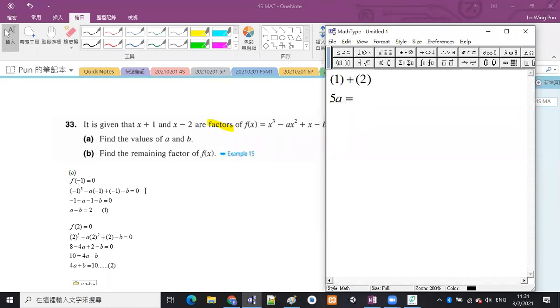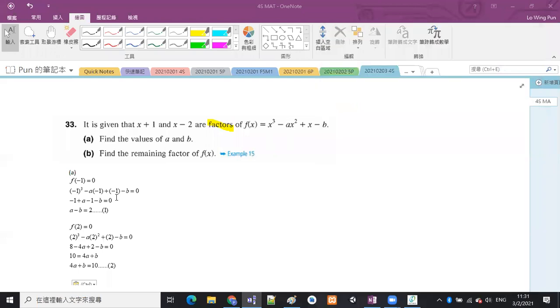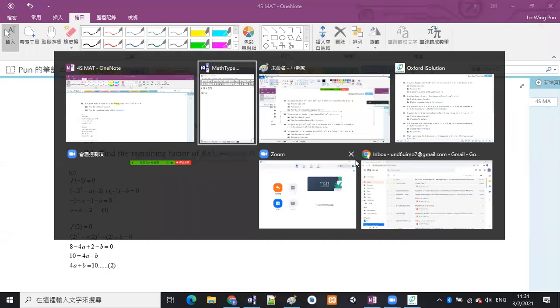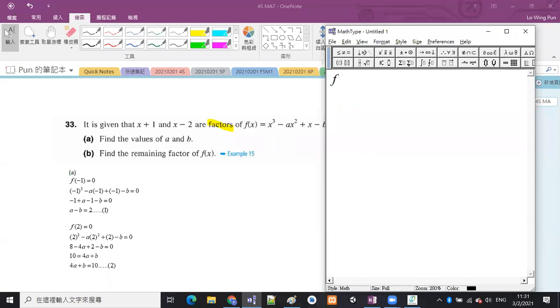Sorry. I have done something wrong. Here, f(-1). So f(-1) is equal to 0. Okay, and then it's -1 power 3 minus a times -1 power 2. I missed out the power 2. And plus -1 minus b is equal to 0. So it should be like this: minus a minus 1 minus b equals 0. Okay, and then this time I should move the a term to the right-hand side.